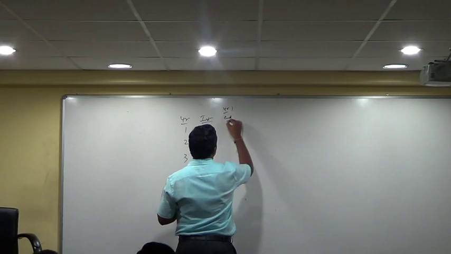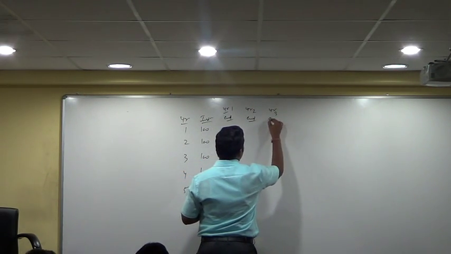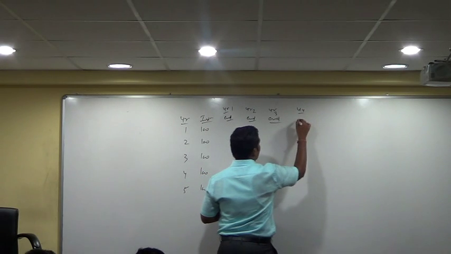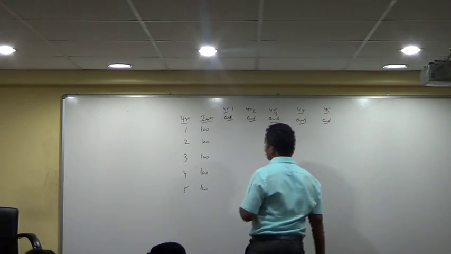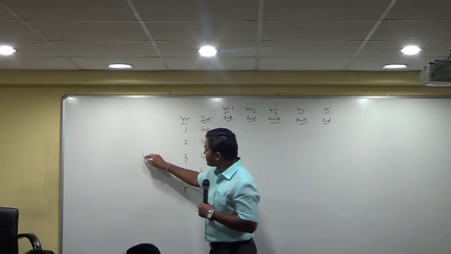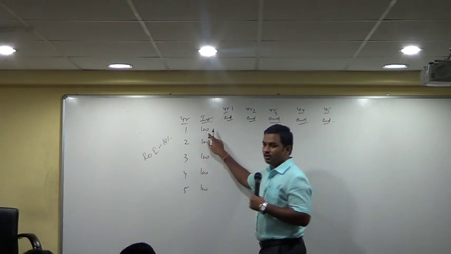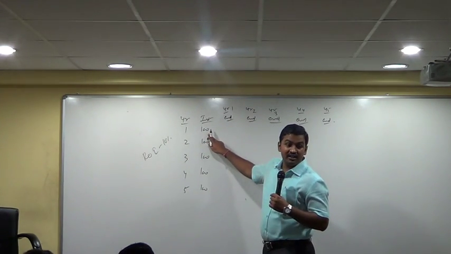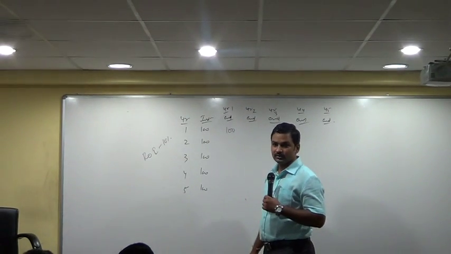Year 1 end balance, year 2 end balance, year 3 end, year 4 end, year 5 end balance. First installment of 100 rupees, rate of interest is 10%. First year installment 100 rupees, it is deposited at the end of first year. So first year balance is 100.